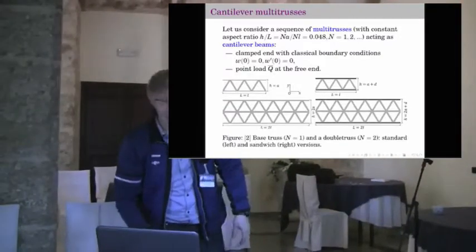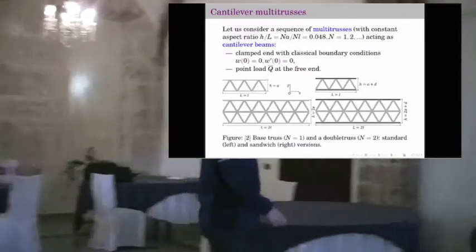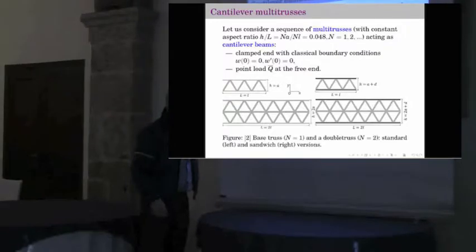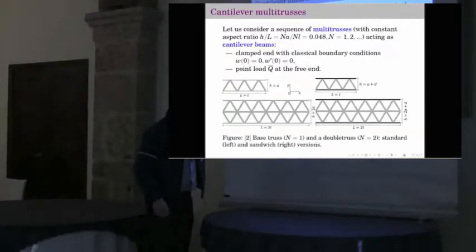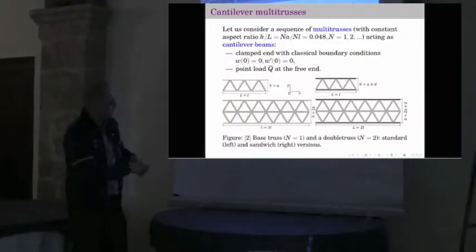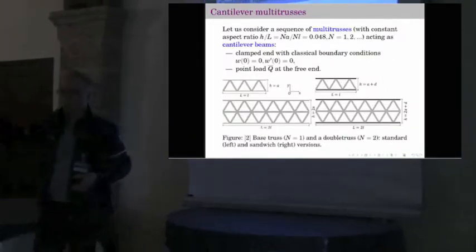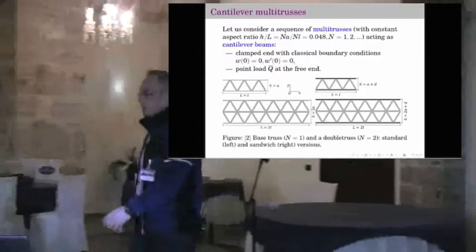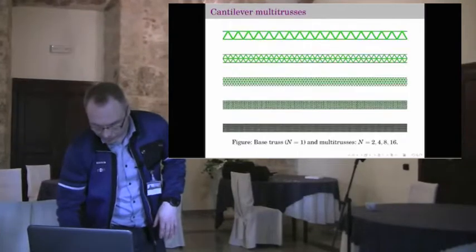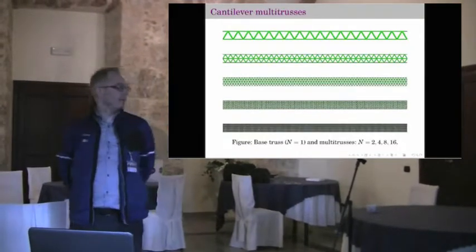This is the idea. And if the thickness is T here of a single strut, and here T over 2. But if we want to use T also here, then when we repeat, it actually forms a sandwich beam. And these are the two cases, but actually the results are very similar.